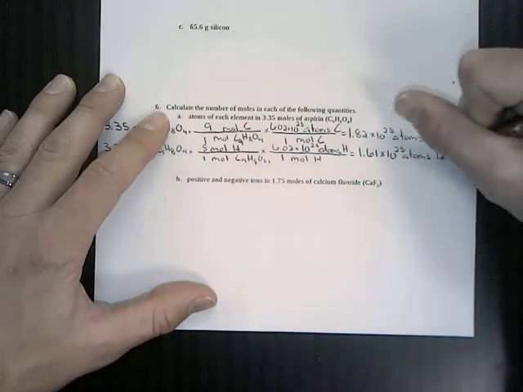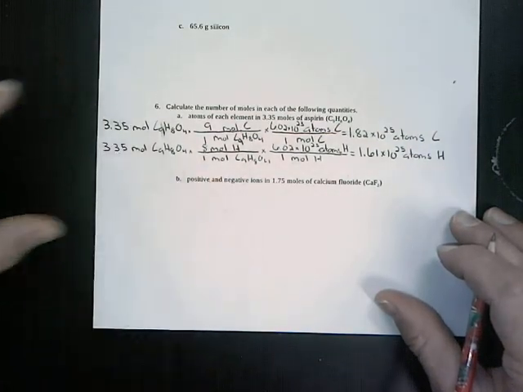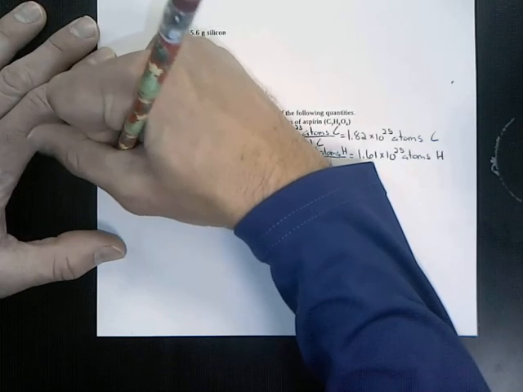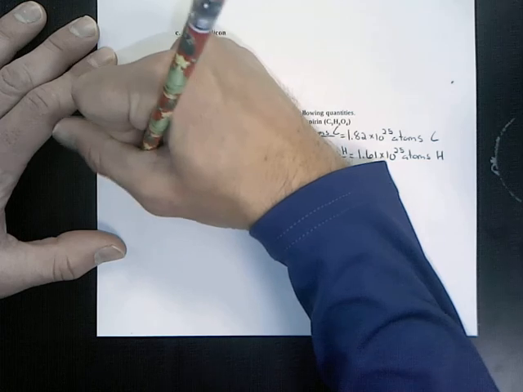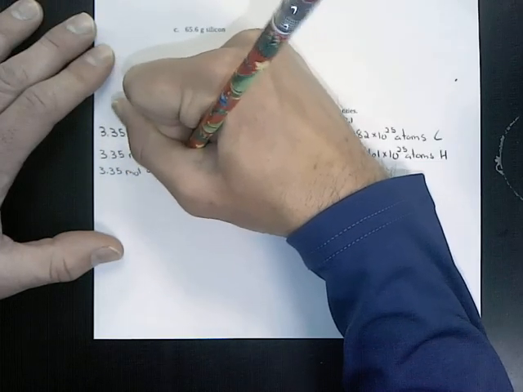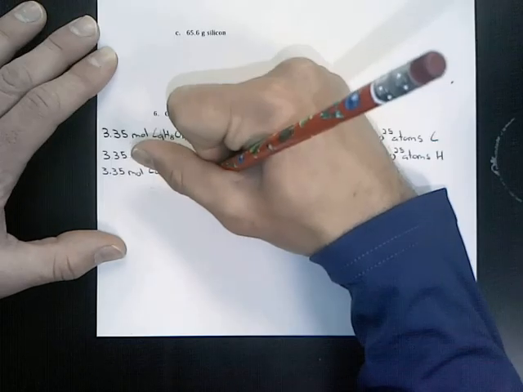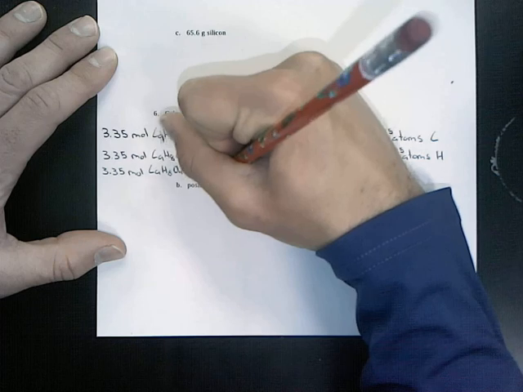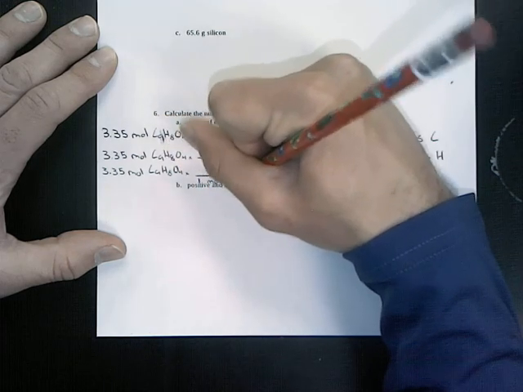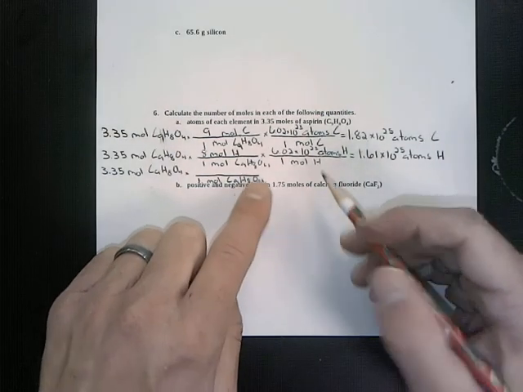Now, this one's going to be really squeezed here, but we're going to do this for oxygen. So we start out here with 3.35 moles of aspirin, C9H8O4. We cancel out on the bottom our moles of aspirin, C9H8O4, to our moles of oxygen.